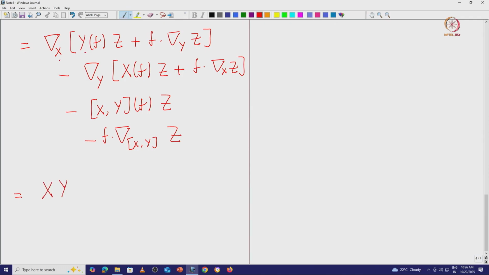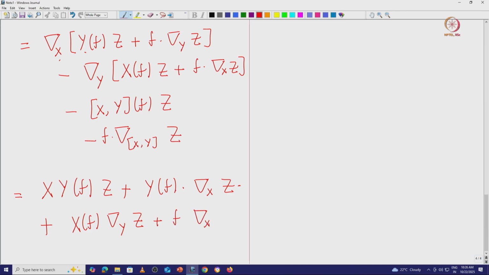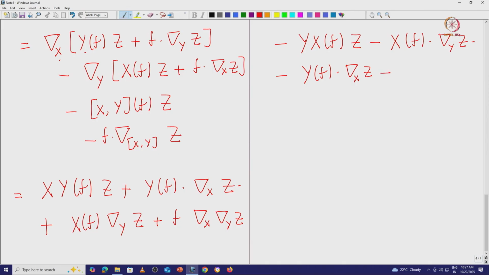So this acting on this will be XY of f times Z plus Y of f times nabla X Z plus X of f nabla Y Z plus f times nabla X nabla Y Z. Okay, similarly the Y terms, so there will be YX of f times Z minus X of f nabla Y Z. I am just changing the role of X and Y, minus Y of f nabla X Z minus f times nabla Y nabla X Z, right? And then of course the Lie bracket terms.